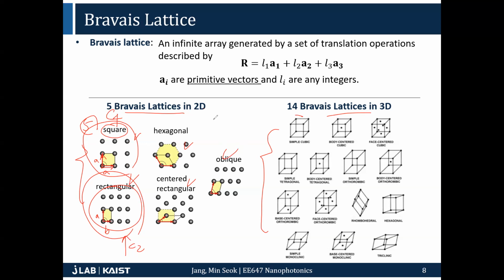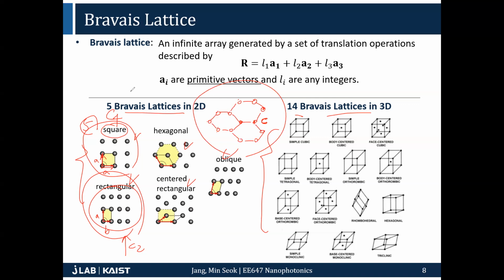So here's one quick quiz. Many of you are familiar with graphene. Graphene has this type of honeycomb lattice, and all these atoms are carbons. So do you think the honeycomb lattice is a Bravais lattice? Can anyone answer this question?